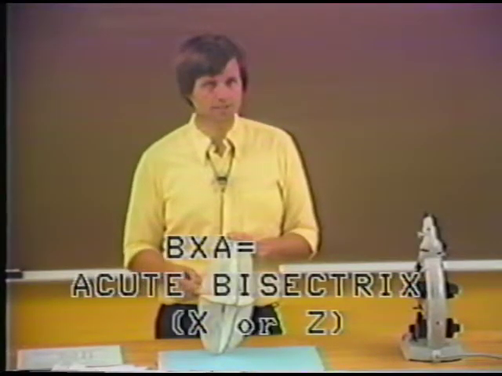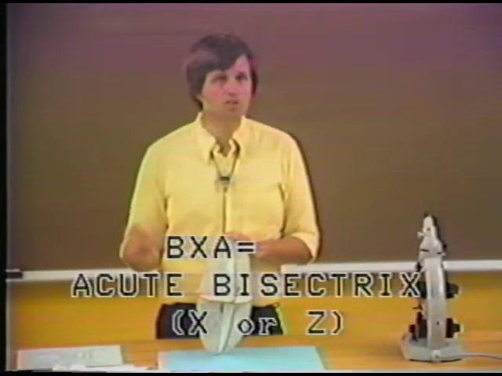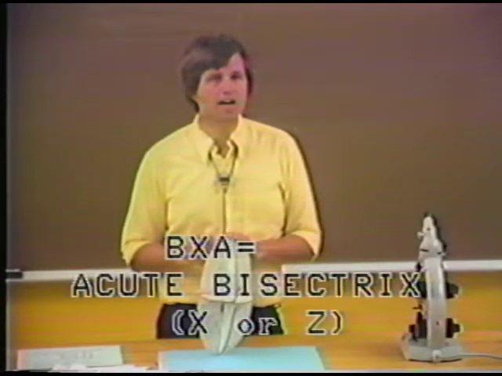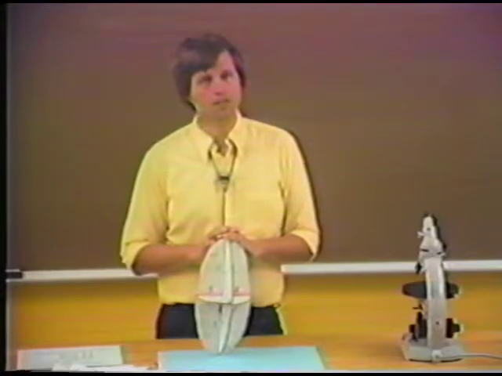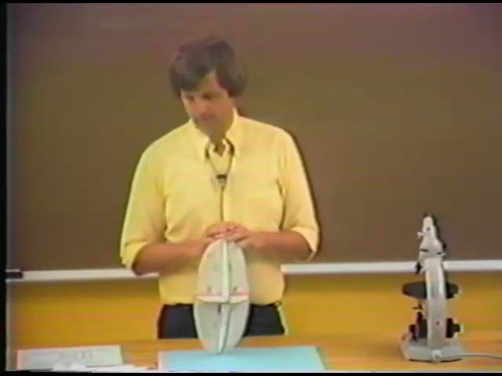We use the terminology BXA, which refers to acute bisectrix. The acute bisectrix then corresponds to the vibration direction, either X or Z, which bisects the optic angle, the acute angle between the optic axes. BXA is the vibration direction, either X or Z, which bisects the acute angle between the optic axes.